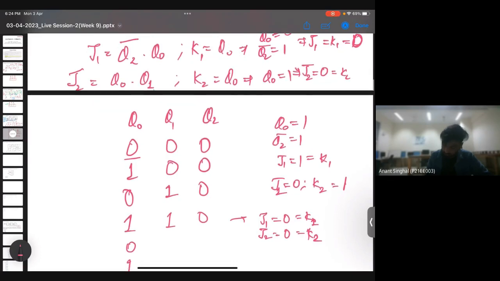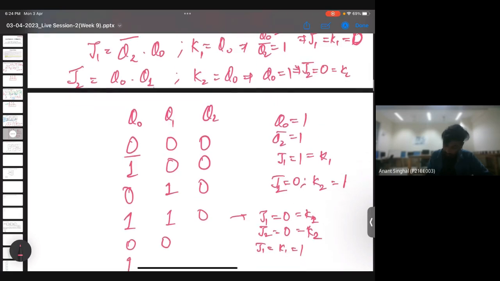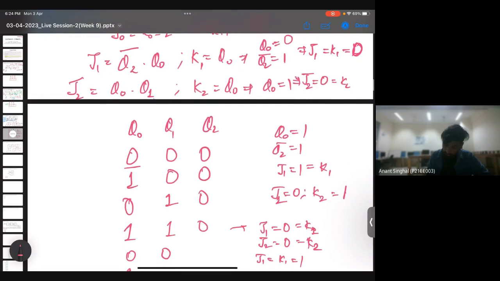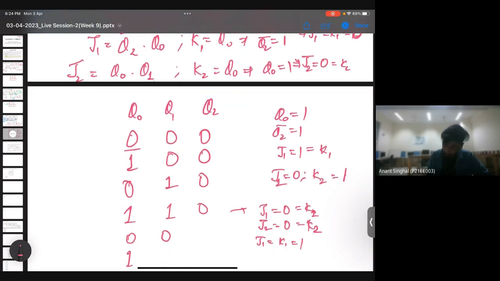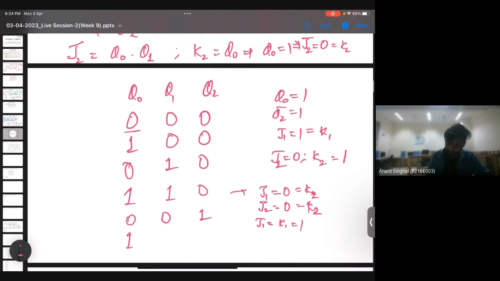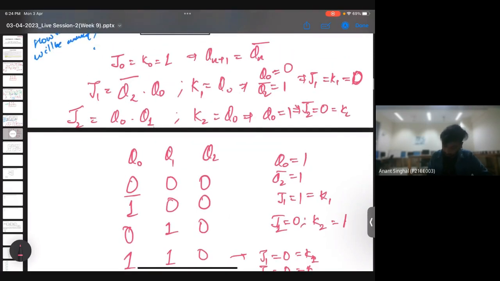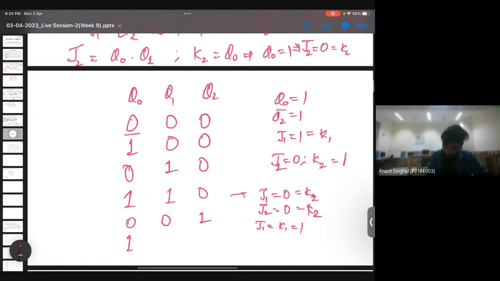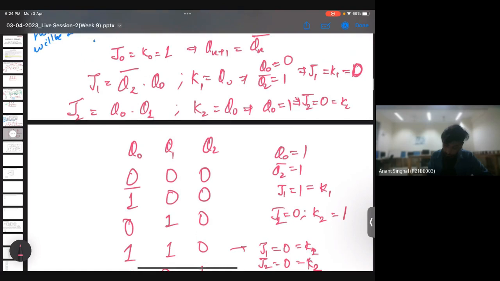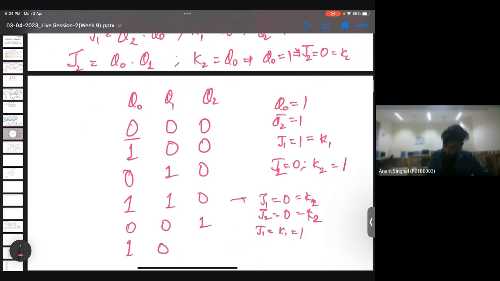In this step J1 equals K1 equals 1, it will make it 0, and then Q naught is 1, Q1 Q naught it was 1, it will again toggle. And in this state also Q naught is 0, so it will remain the same, and this part is 0 and 0, it will also remain the same.